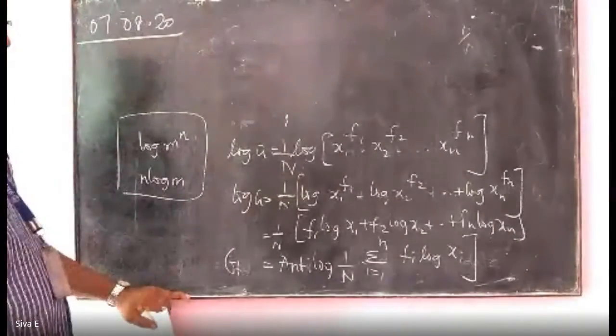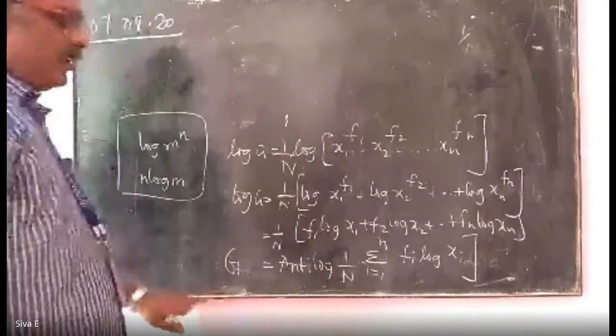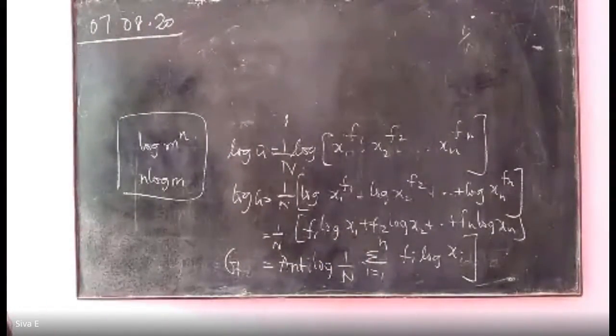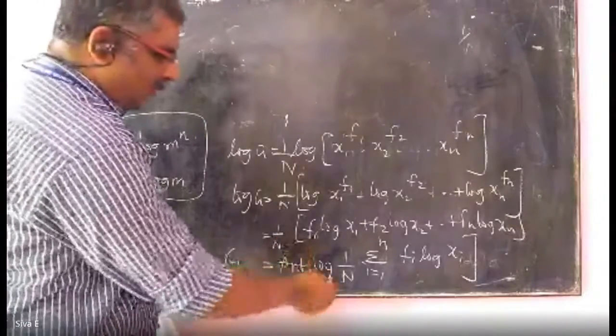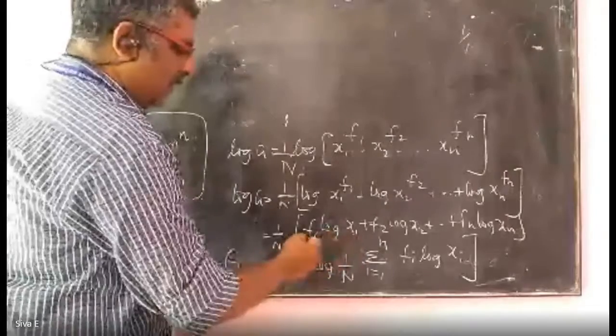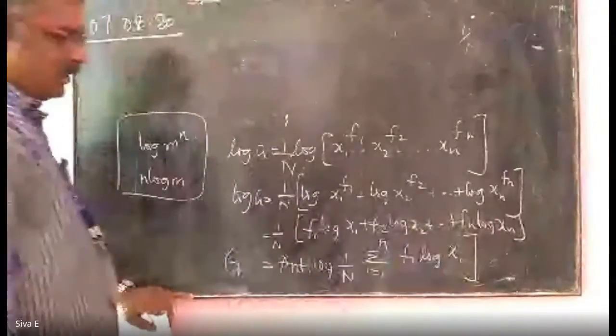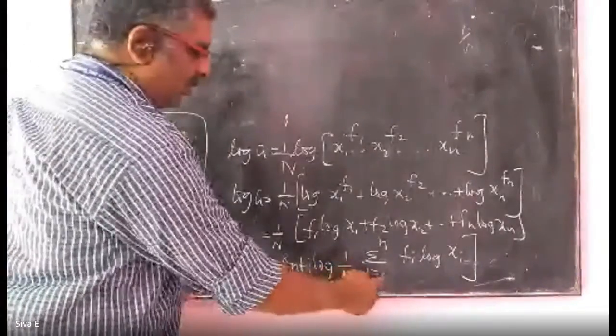It is my notation, i equal to 1 to n. Otherwise, you can write simply anti-log of 1 by N, f1 log x1, f2 log x2, fn log xn. It is my notation only.